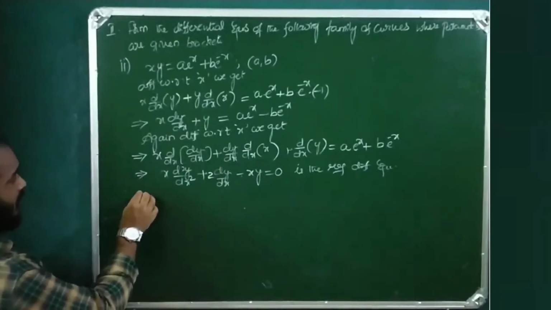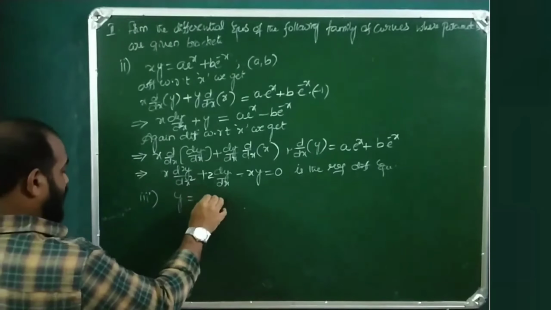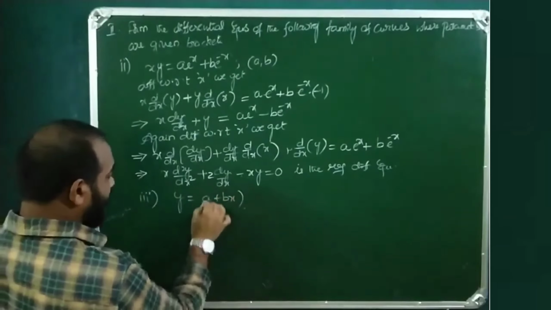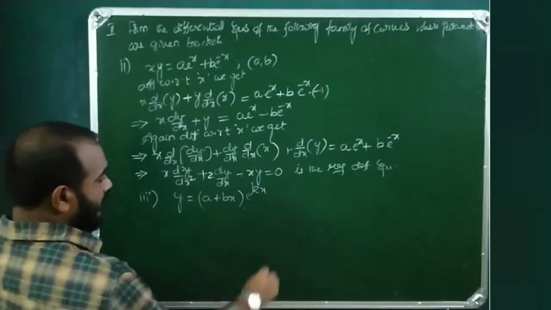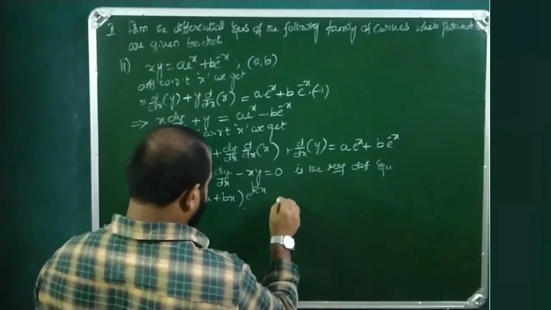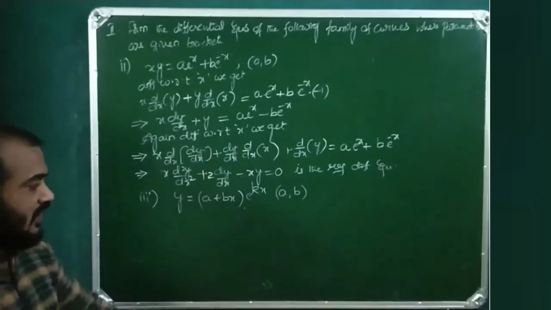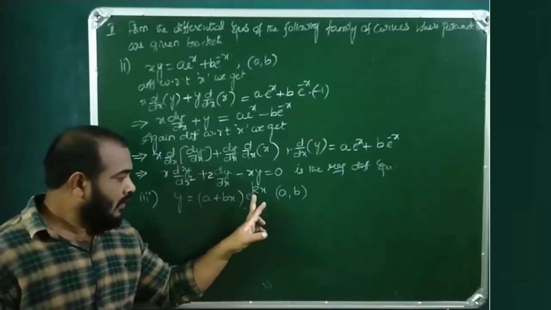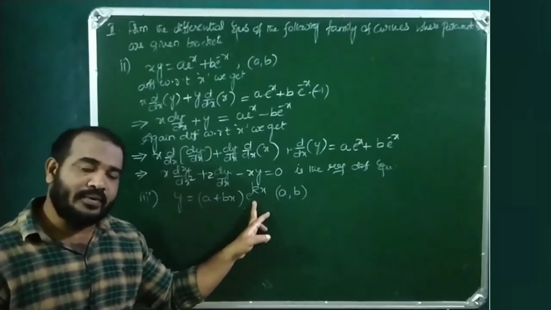The next problem is the third one. y = (a + bx) e^(kx). Here a, b are given. You may ask a question, sir, k is also a constant, but it's not a parameter or arbitrary constant.